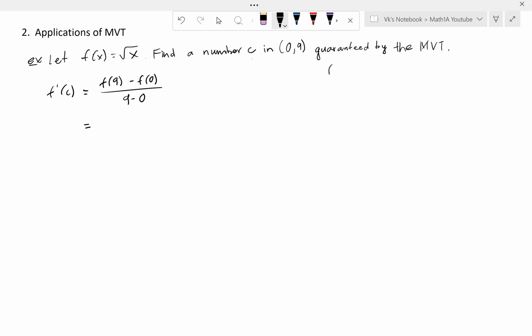Because f(x) equals root x, f prime x is 1 over 2 root x. So do the substitution: f prime c is 1 over 2 root c.